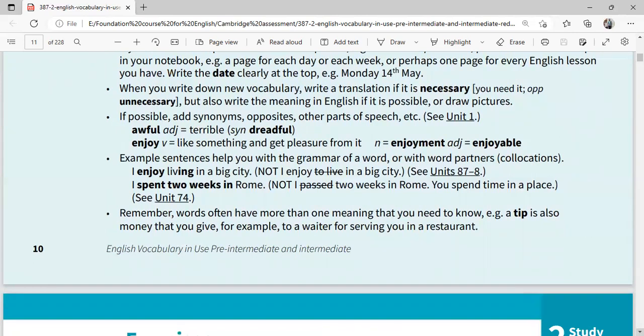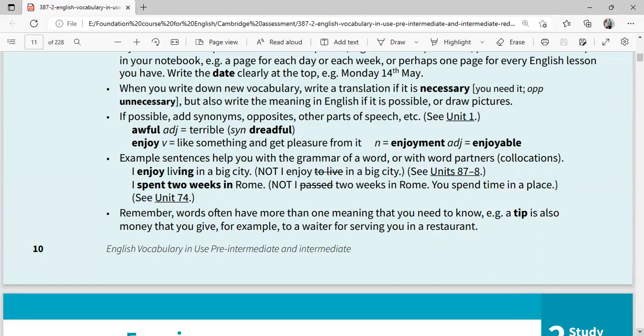I enjoy living in a big city, not I enjoy to live in a big city. Enjoy living, not to live. Enjoy and live: both ing, used as a noun. Don't use enjoy to live.